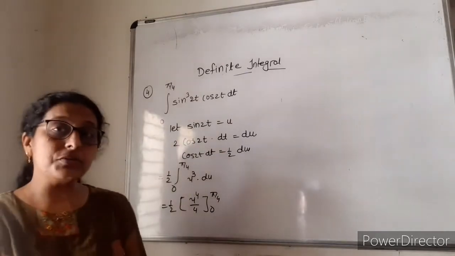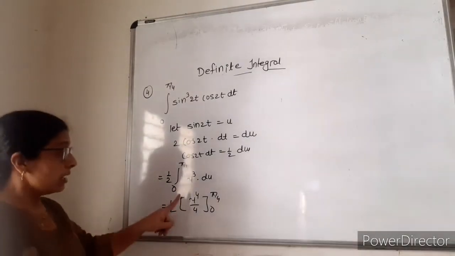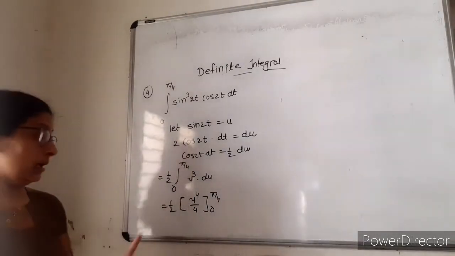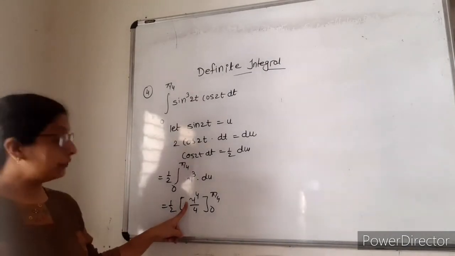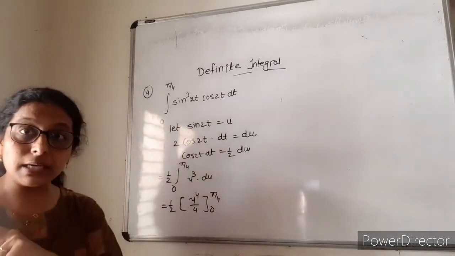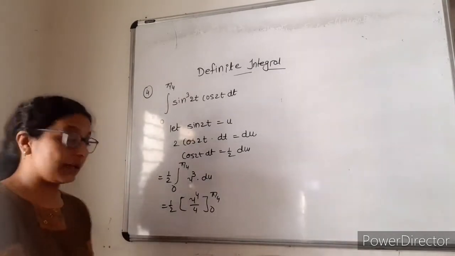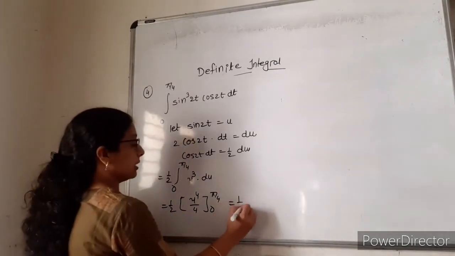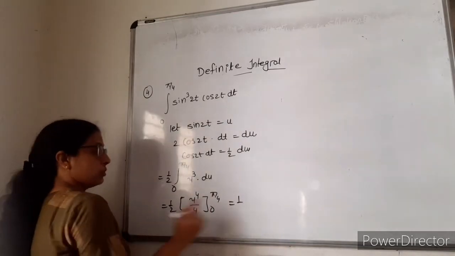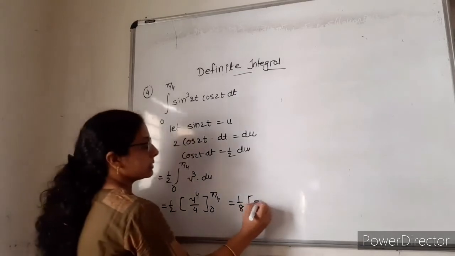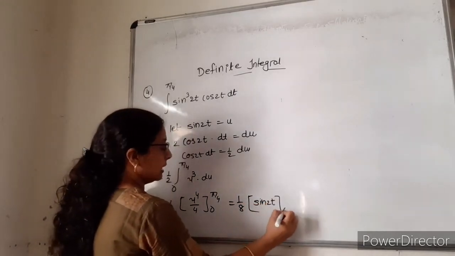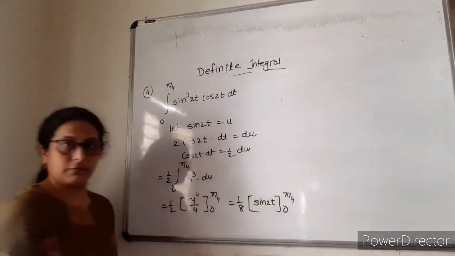Now I want to tell you something: if you want to apply the limit directly, there is one way. First, we do the same method as before. Here 1 by 2 is a constant, so it is 1 by 8. What is u? u is sin 2t, from 0 to pi by 4.